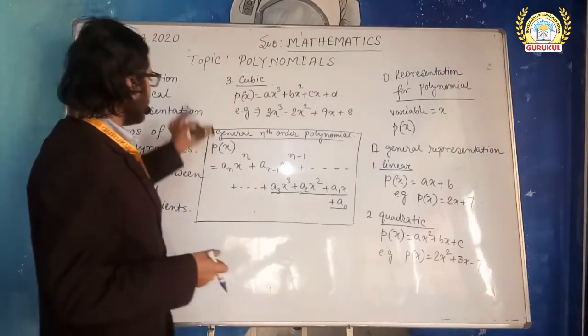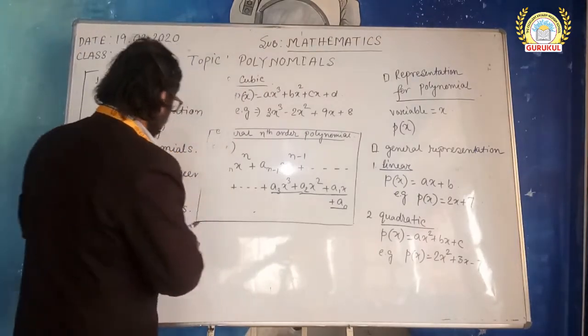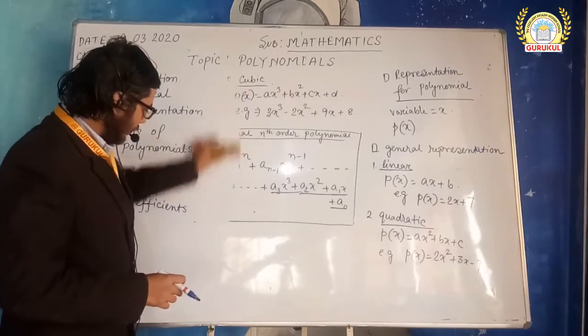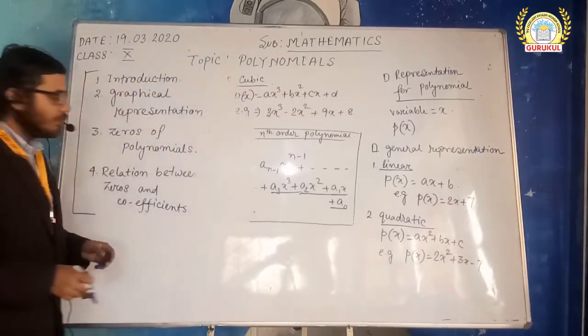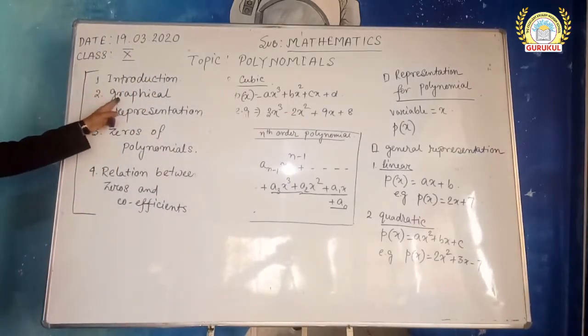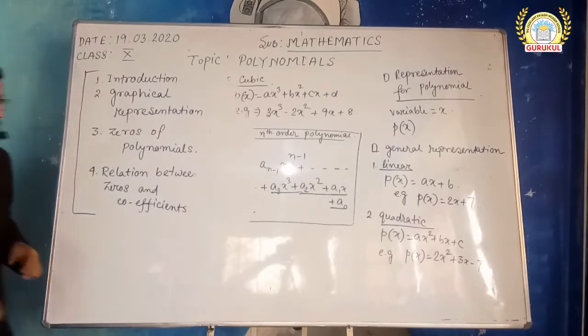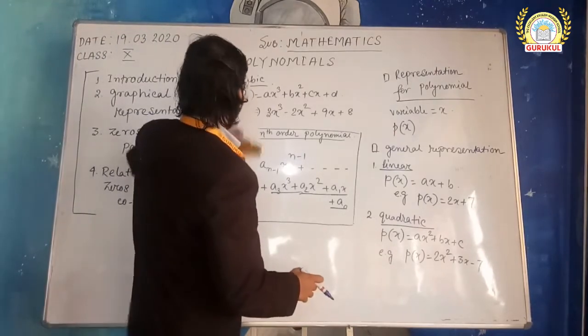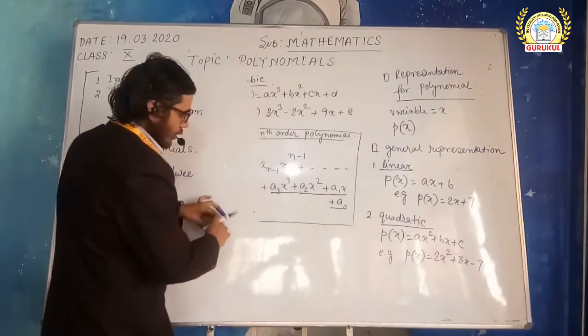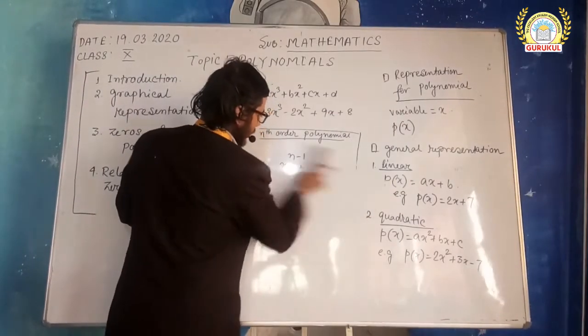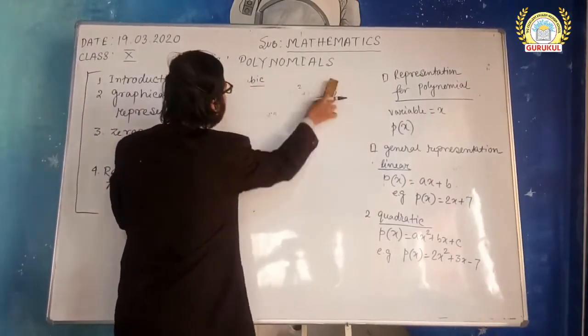Now, if we understand this part completely, we will proceed to the next part, which is graphical representation. For graphical representation, there are two things you need to know.